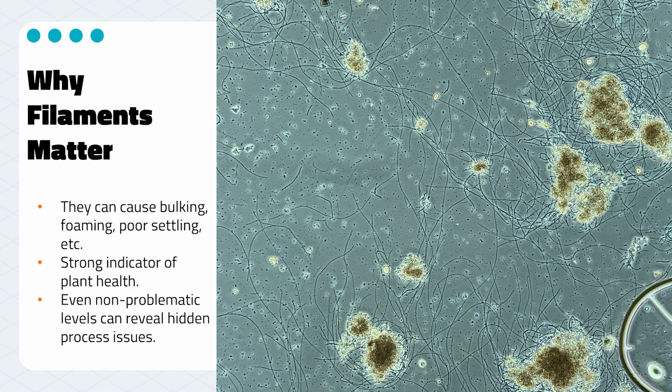And so if we're able to use microscopy to identify those filaments, we can then identify what sort of unique environmental conditions are taking place to cause the growth of that filament. And then we can identify what sort of issues or nutrient imbalances or toxicities might be happening within the system, and we can work towards alleviating those issues and ultimately alleviating the problems within the wastewater plant.